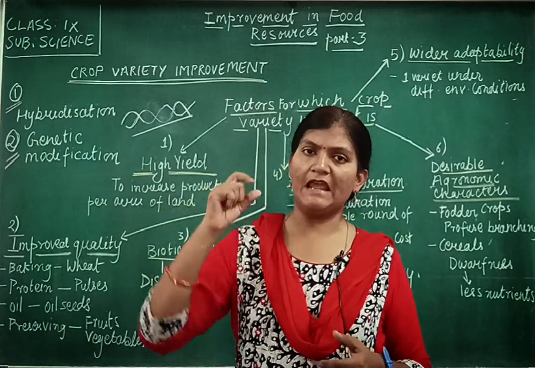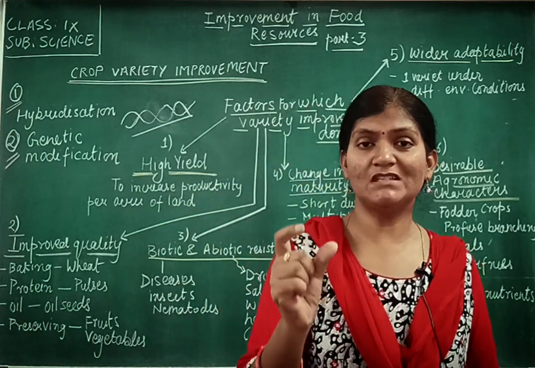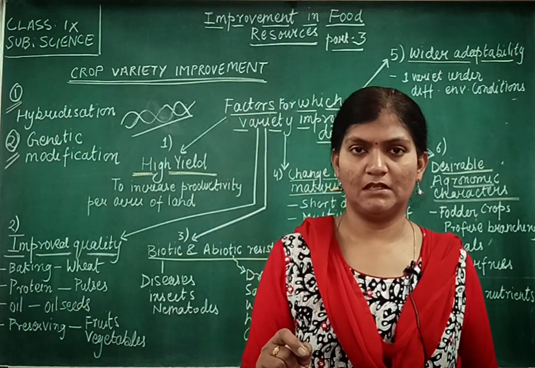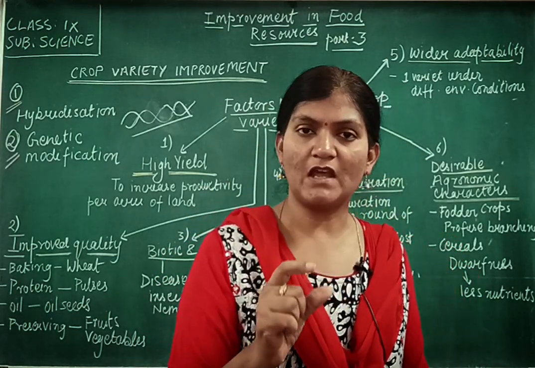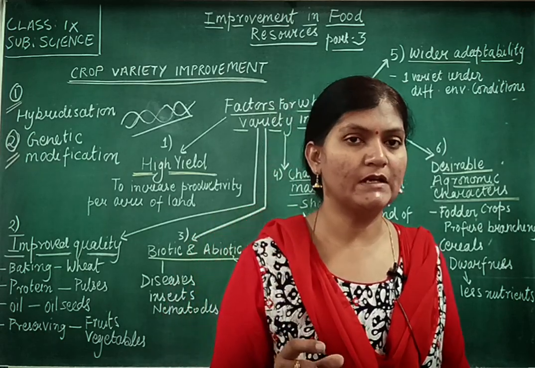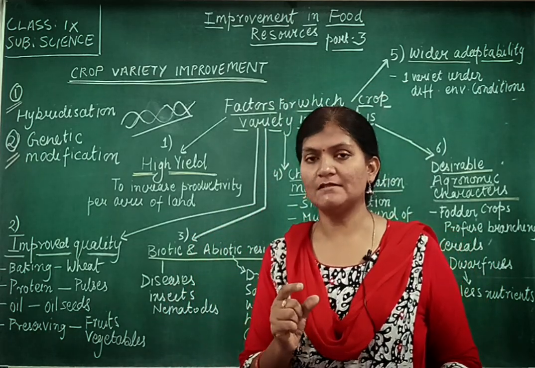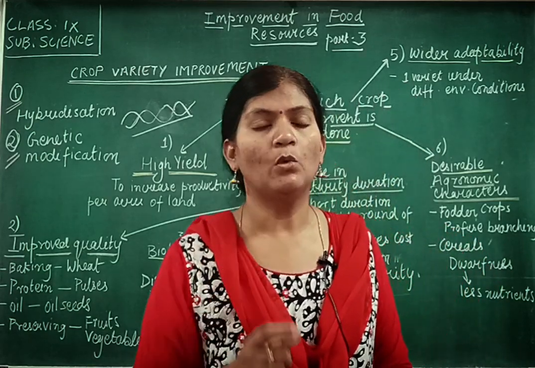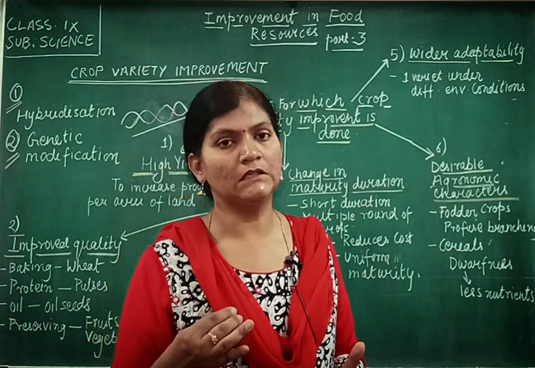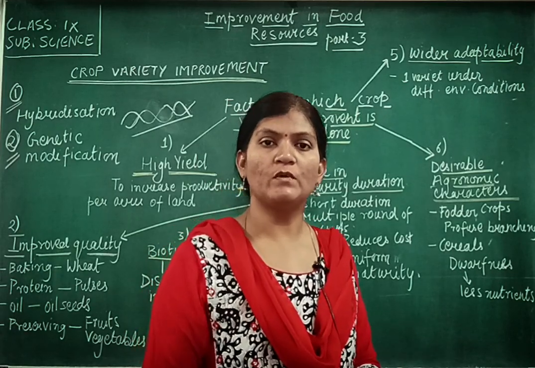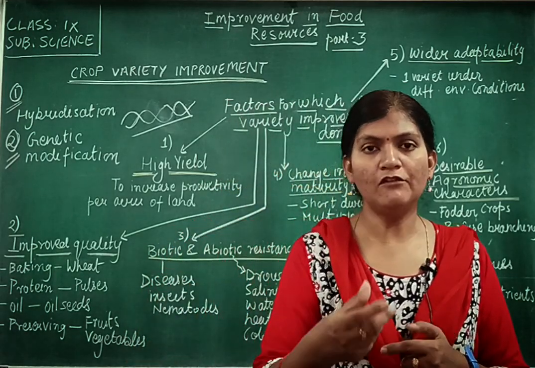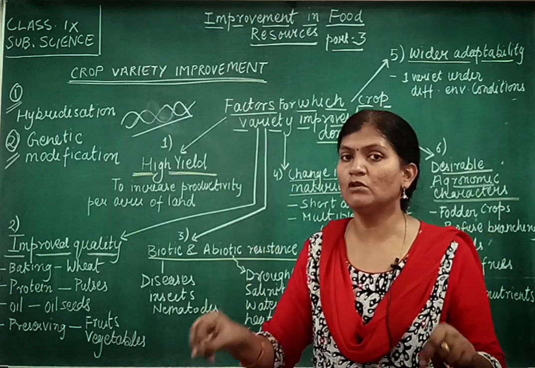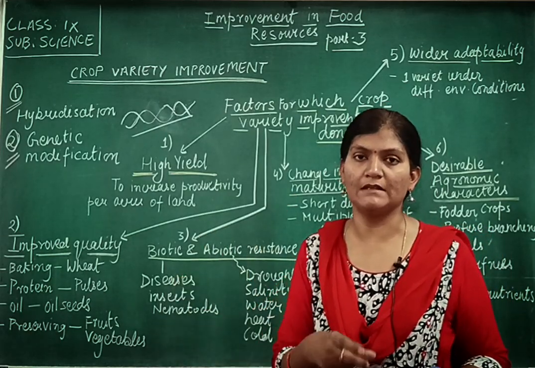So we will extract the gene which is responsible for the bigger grain character. The gene is extracted from the nucleus, since genes are present in the DNA and DNA is the nucleic acid which is present in the nucleus. We'll extract that gene and add it to the variety where we want to incorporate the particular character.